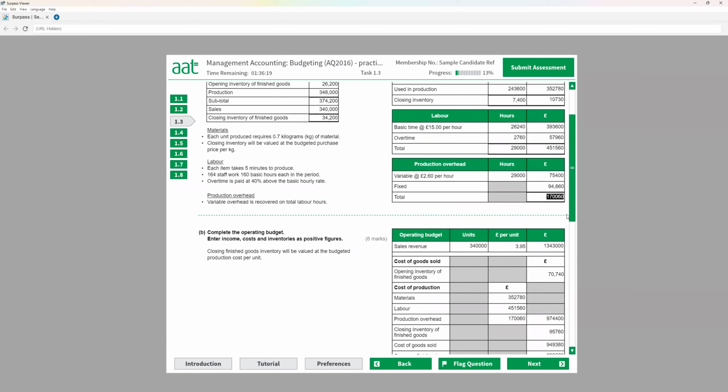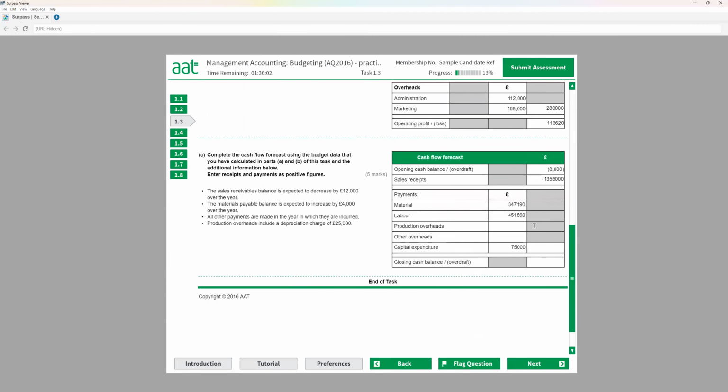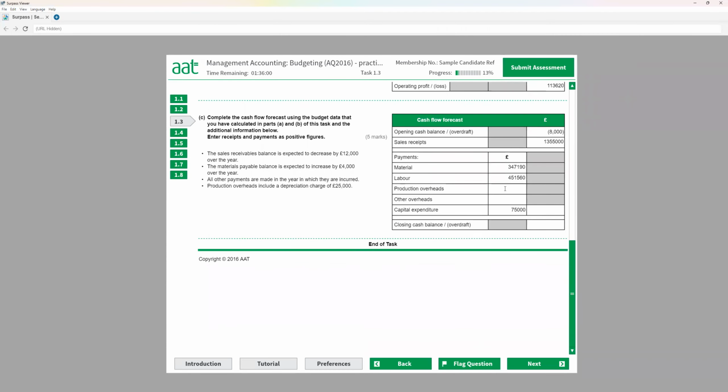That is 170,060 minus 25,000. That is 145,060. So depreciation is a non-cash item. We have to take it out. Remember that. 145,060.